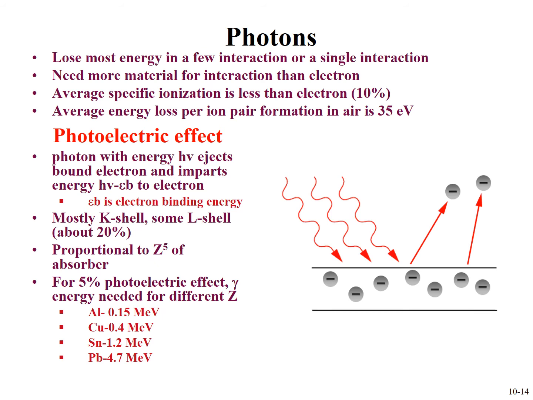But we certainly see that from this effect, the gamma energy needed for different Z's, there's a relationship and a difference between the material and the behavior. So aluminum, you don't need much photon energy. Lead, you need a lot. This is also one of the reasons, or an observation, that thicker, denser material is better shielding for photons.